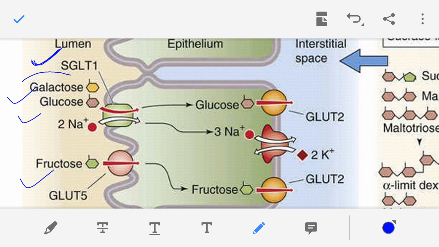Now the question is, where are this glucose, galactose and fructose going? Where in our body are these three going, and how is our body utilizing these three molecules?